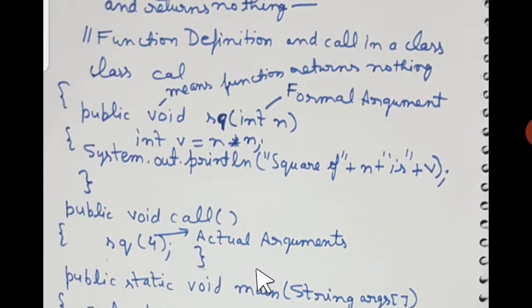Alright, so this is the actual argument. Whenever an argument is specified in the function call, it is called actual argument. So what will happen here is this actual argument is going to be copied into the formal argument, and finally 4 into 4, 16, will be stored in v. So the message on the screen is going to be square of 4 is 16.